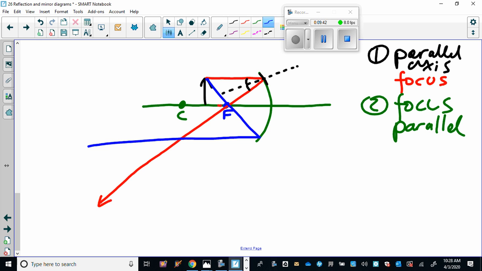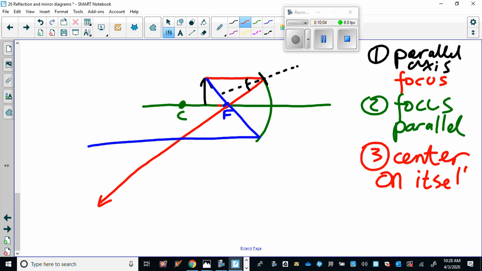Didn't quite get that one, that's okay. Parallel to the axis. And once you've done two of the rules, you actually have the solution. Now let's do the third rule. The third rule says that if a ray goes through the center, it just reflects on itself, right? Which is going to make sense when I draw it.